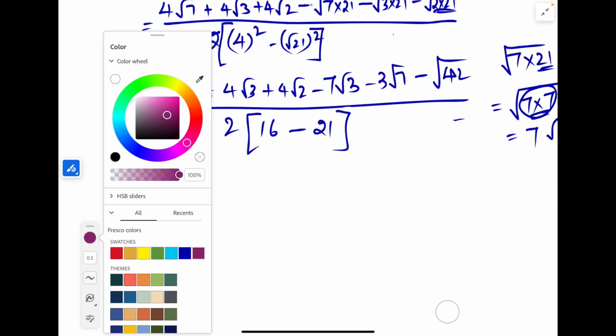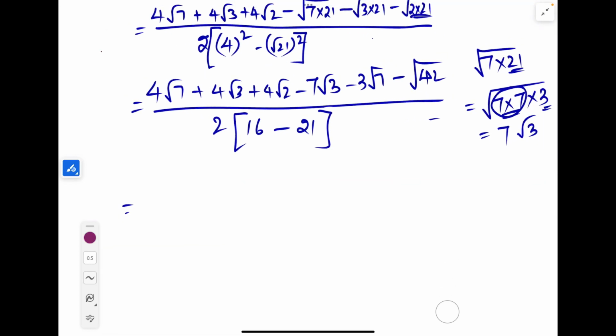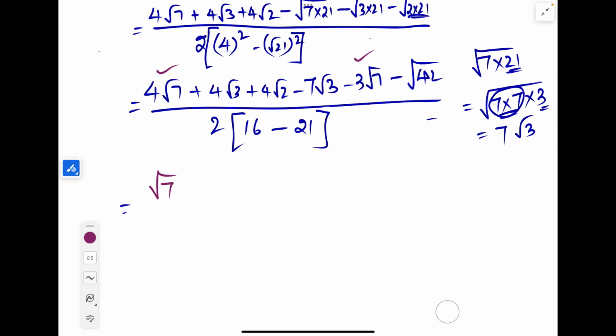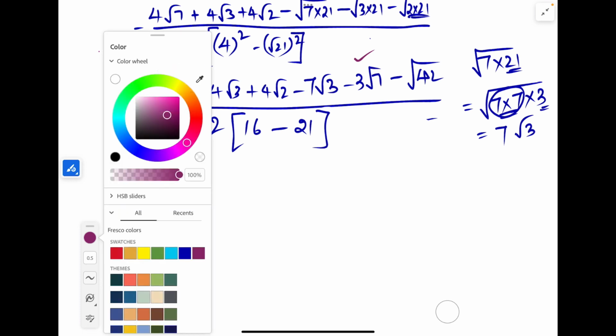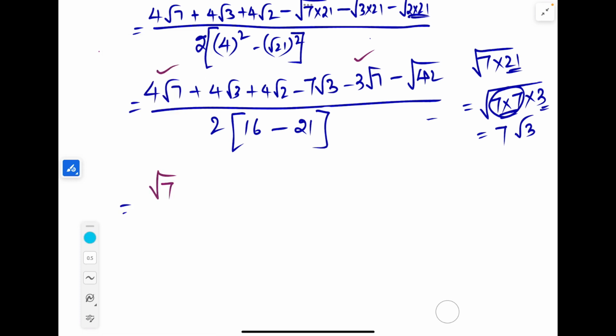Let us see the like terms over here. 4 root 7 and negative 3 root 7 are like terms. So 4 root 7 minus 3 root 7 is 1 root 7, or simply we can put it as root 7. Next one, if you observe, 4 root 3 and negative 7 root 3 are like terms.